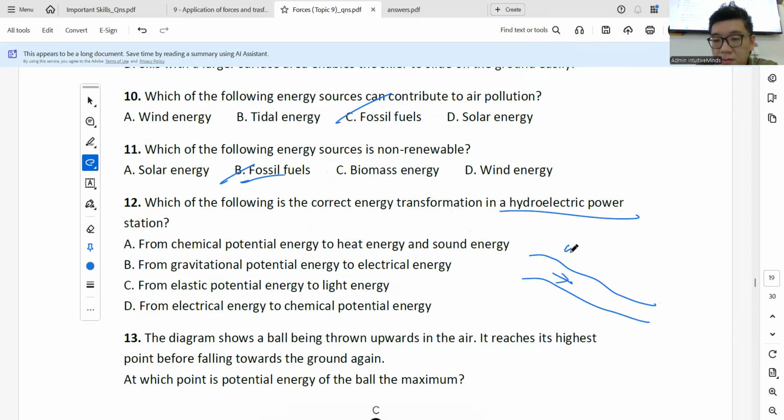So you have water falling from a great height. Then the plant is below. So it generates the power from there.